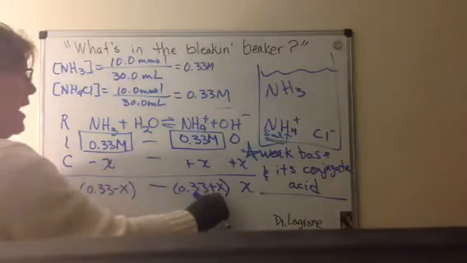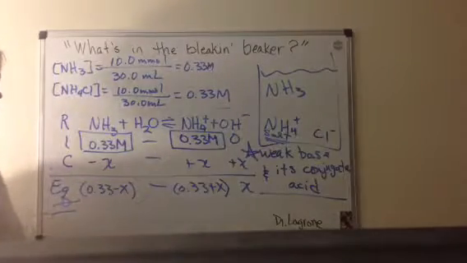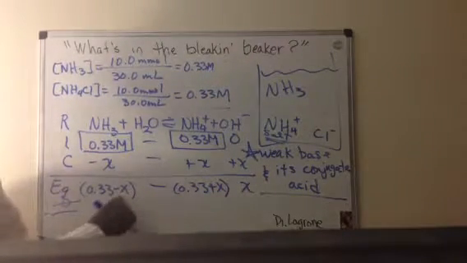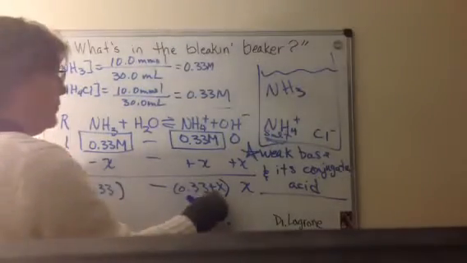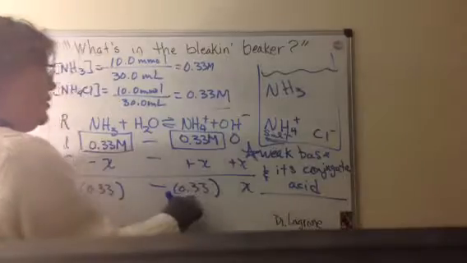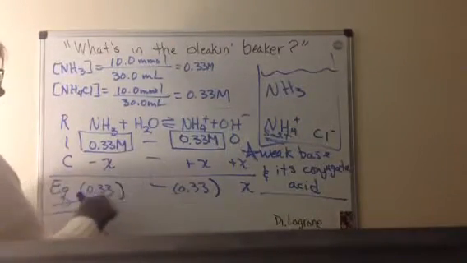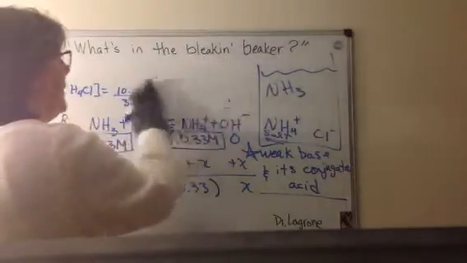So X is going to be smaller than it would if you didn't have the salt present. So in these problems, you always get to neglect X that you subtract and X that you add because it's so small compared to these initial amounts. And so it makes the math work out much simpler.